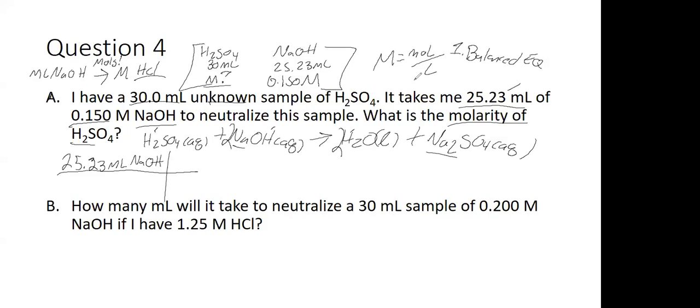And so you were correct. I need to be in moles of NaOH to get the moles of H2SO4. Right now I started on volume. What in this problem will allow us to convert between a volume and the number of moles of NaOH?